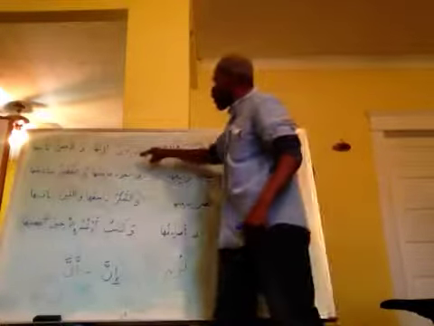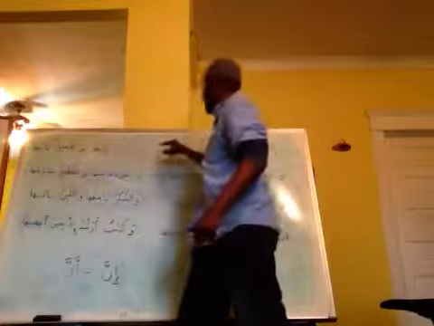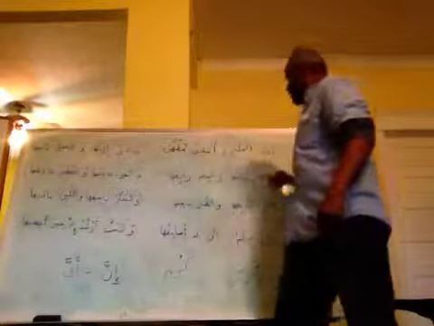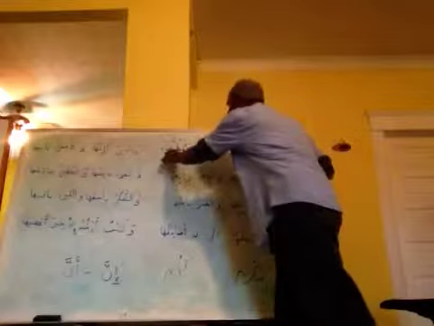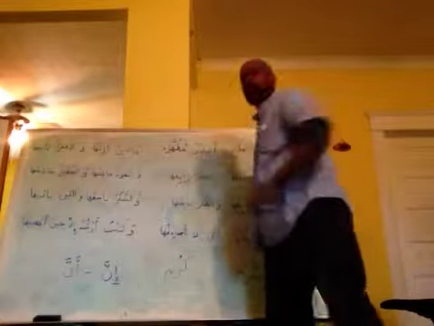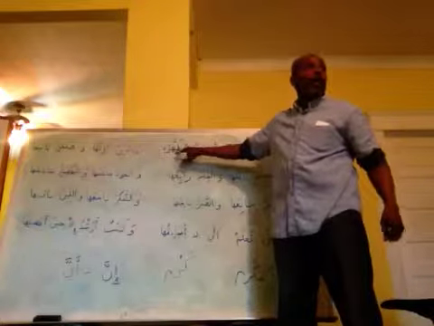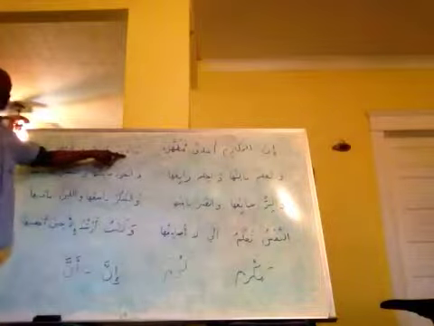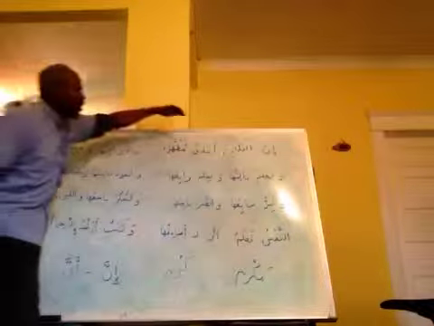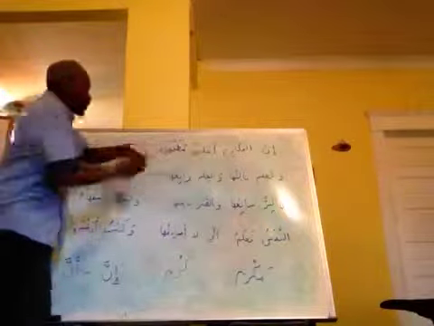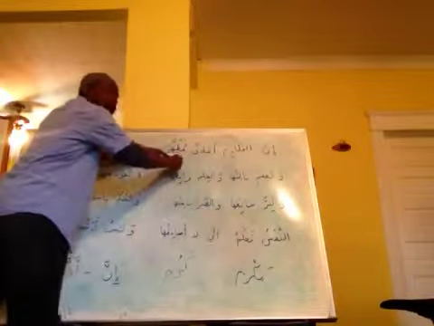The first detergent is deen. The second detergent is aql. The ha is going back to the word mutahara. The deen is the first of the makarim al-akhlaq, and this is the adjective.